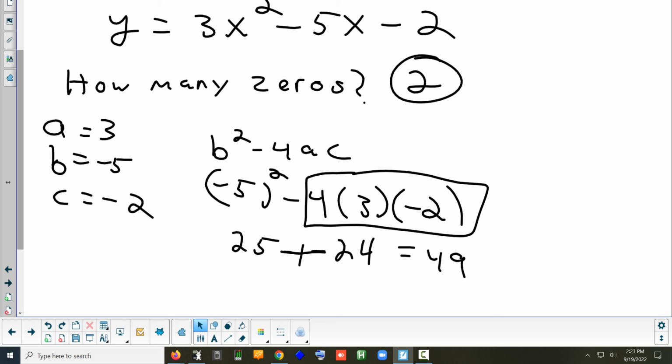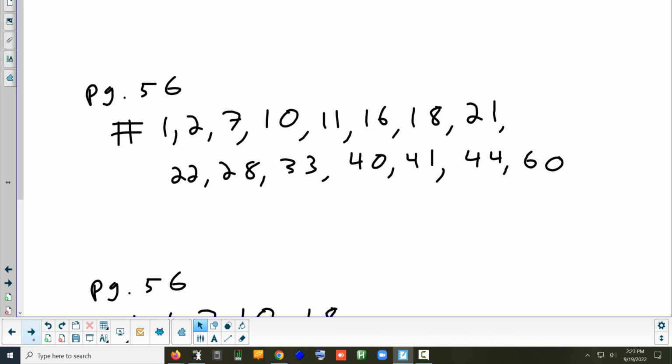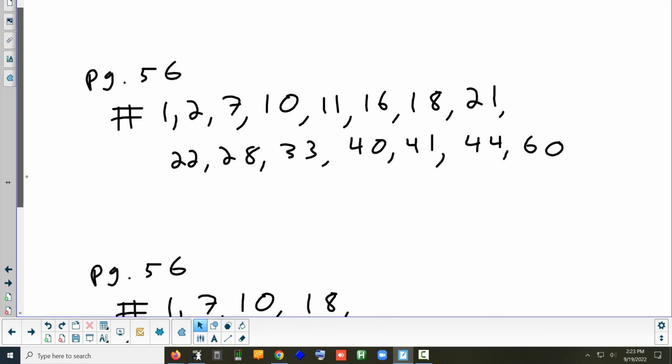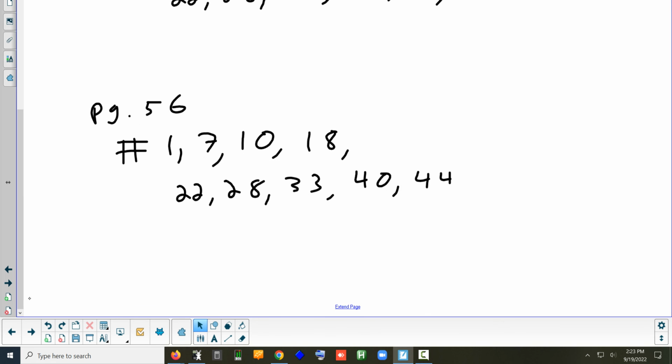Okay, so that was section 1.5. Okay, so first section for this week. So homework for 1.5. I'm just double checking 18.